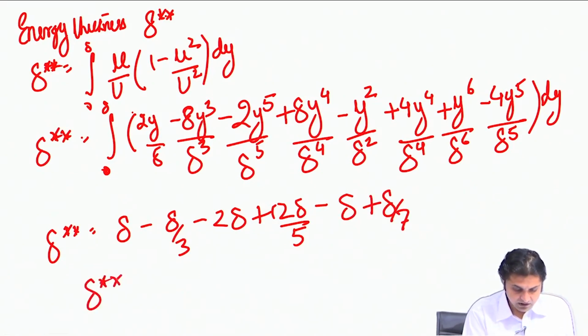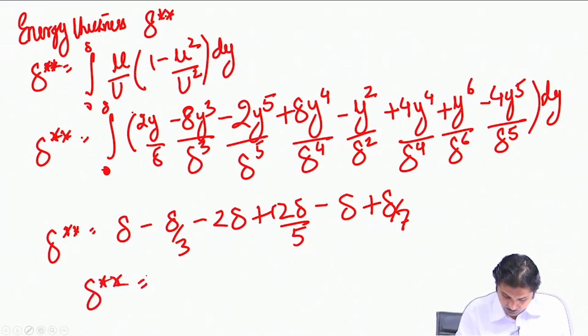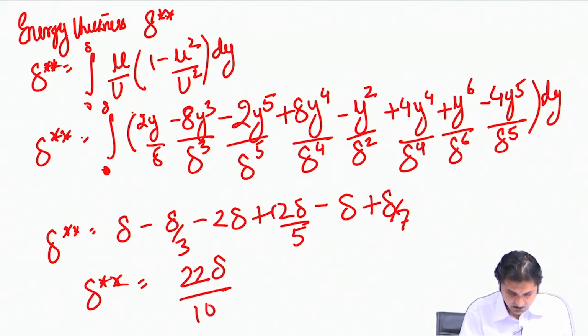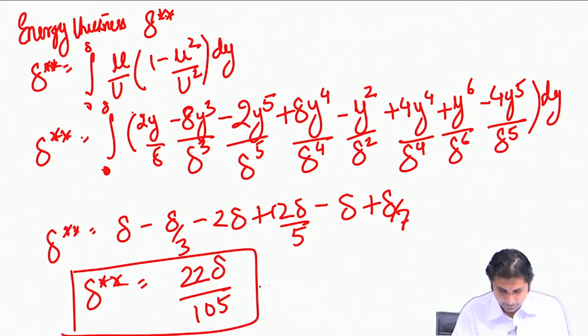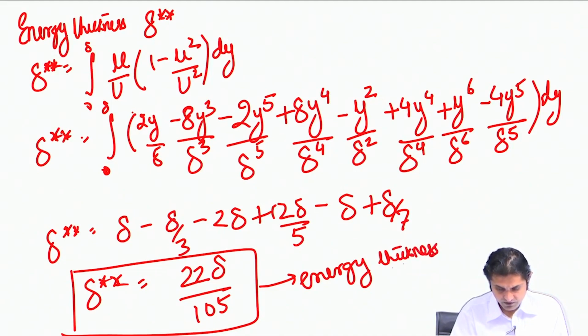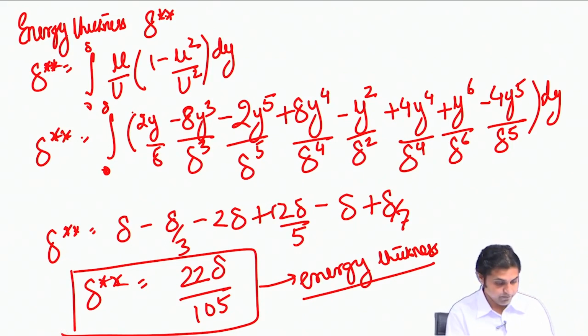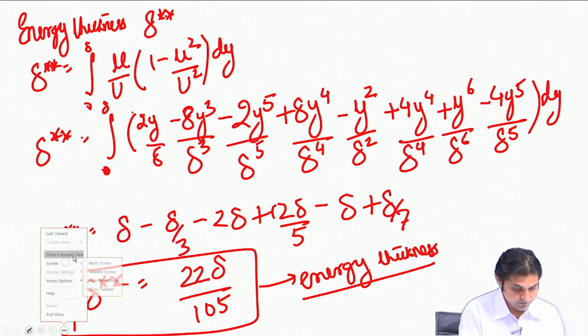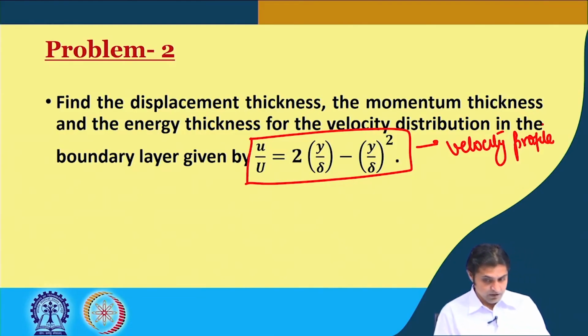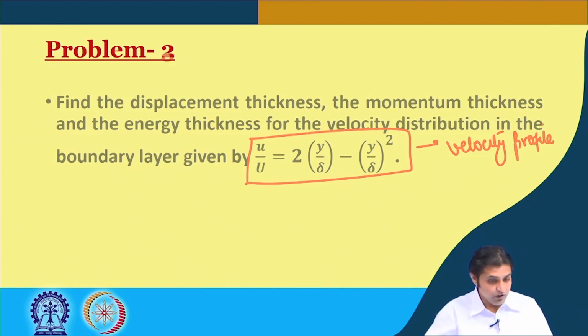So, the energy thickness is going to be 22 delta by 105. This is the energy thickness for this particular problem. So, this problem is also solved.